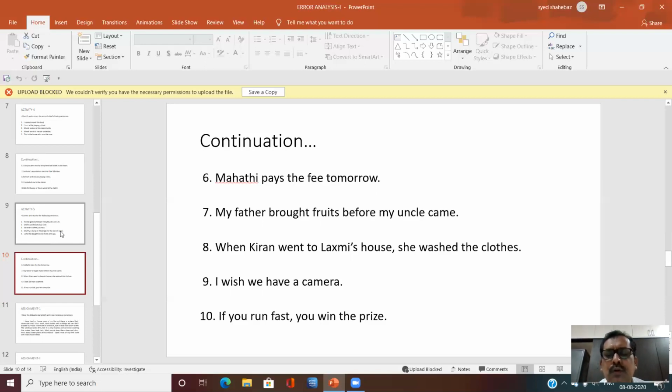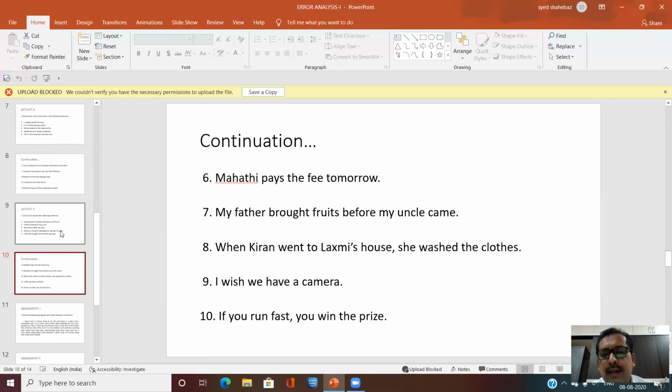Here the grammar rule is when two actions were completed one after the other, refer the first action in the past perfect tense and the second action in the simple past. So what is the first action? Father had brought food.